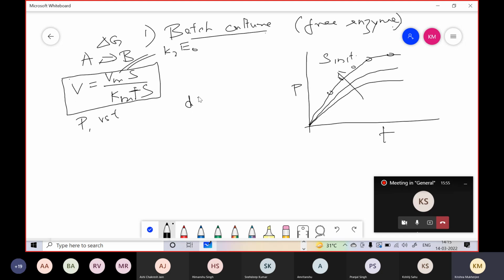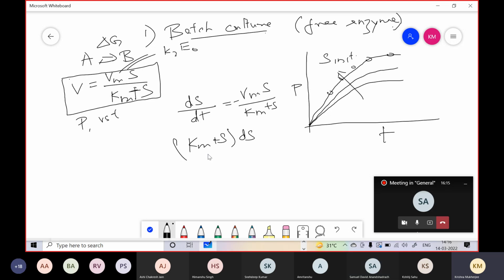So it is actually dS by dt is equal to minus Vmax S upon Km plus S. This is equal to minus, so essentially, Km plus S upon S dS. Remember, it's batch culture.